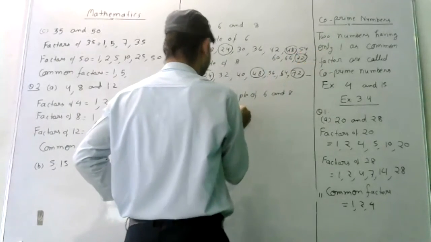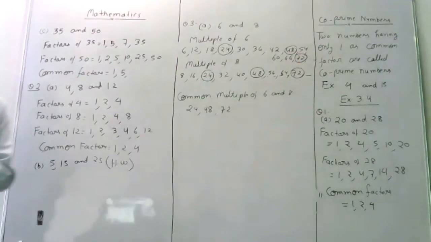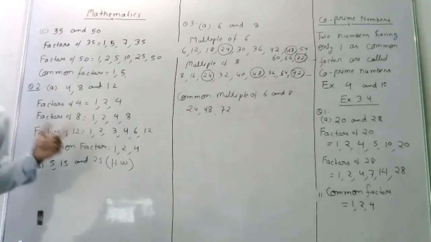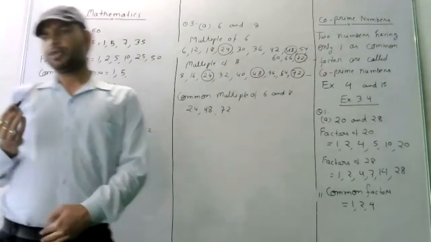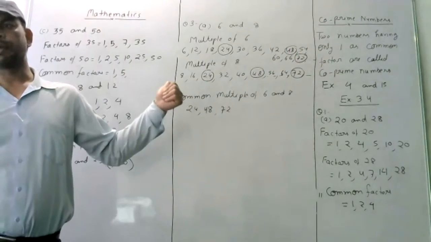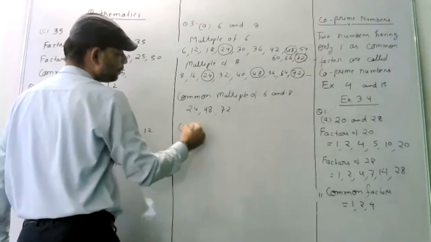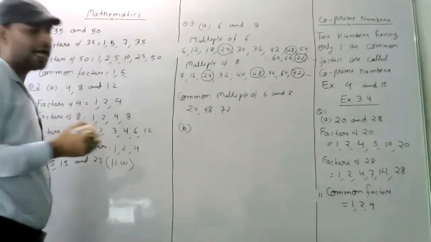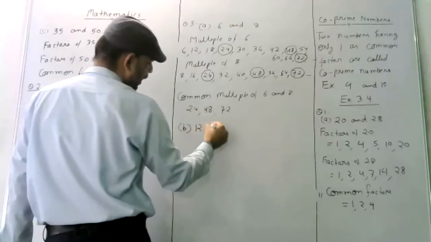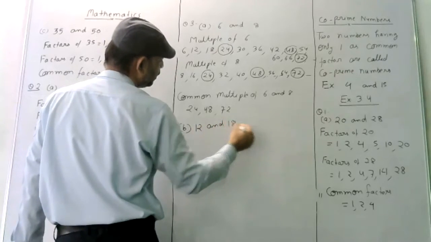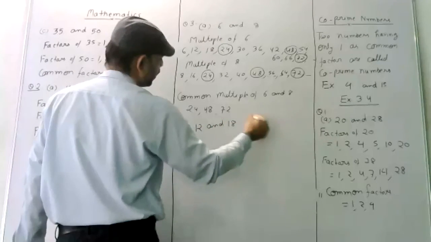This is 72. These are three multiples which are common between 6 and 8. So students, this is the common multiple, this is A portion and B portion is 12 and 18. 12 and 18 is your homework.